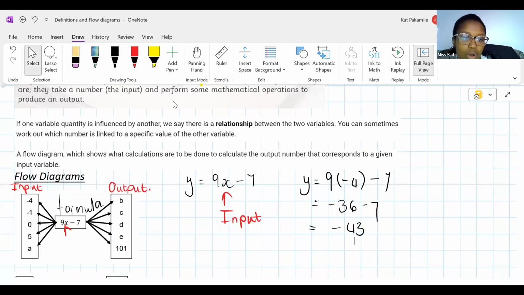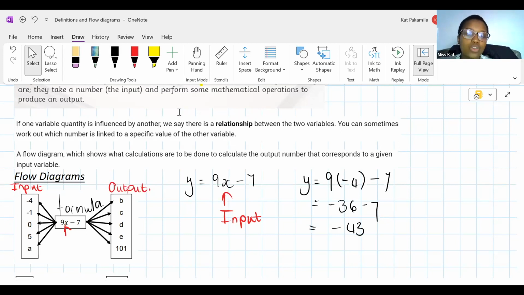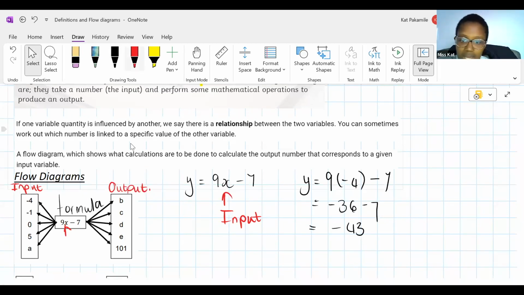So that is how flow diagrams work, okay? You take the input, which is on the left every time, you input and you produce the output. So we have worked out B, and B has to therefore be -43, because that is the output that corresponds with an input of -4.